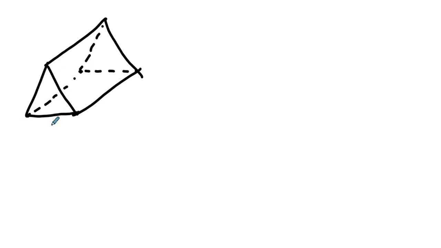And let's suppose that's 6 and that's 4 and this is 5 and this is 5, because that's fair. And then this is 10. Pause for a moment, stop the video, make sure that you can find the surface area of the prism.